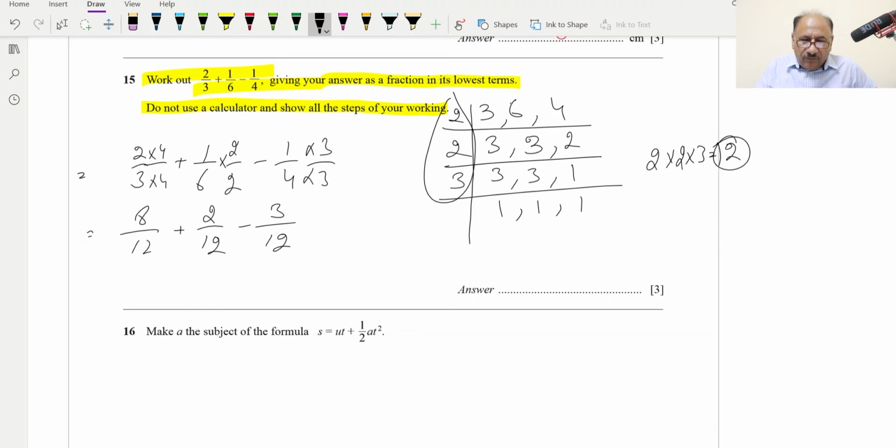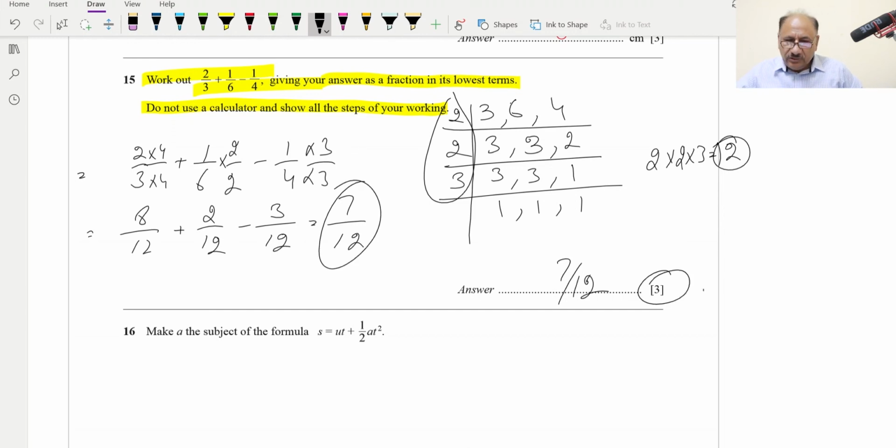Now after equalizing, 8 plus 2 will be 10, 10 minus 3 will be 7, so 7 over 12, this will be the final answer. So 7 over 12, this is a 3 marks, very easy question.